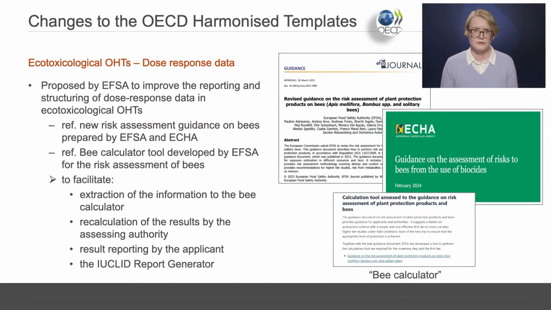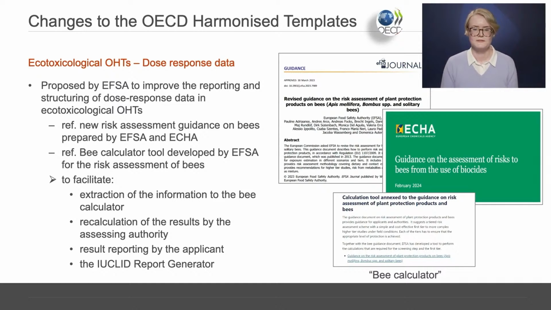Then on to ecotoxicological formats, where it was proposed by EFSA to improve the reporting and structuring of dose response data. The proposed changes are especially relevant in the context of the new risk assessment guidance on bees that EFSA and ECHA prepared in sync, as well as the resulting bee calculator tool developed by EFSA that can be used for the risk assessment of bees.